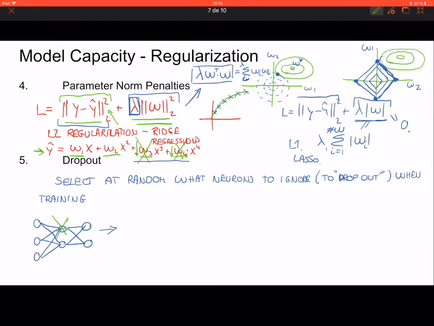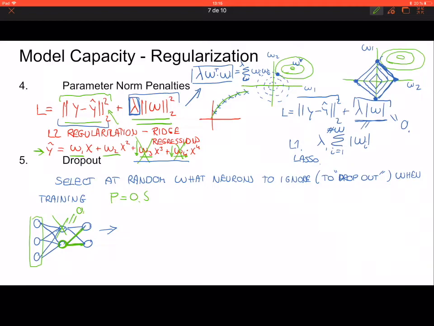This neuron is just ignored. So we make the output 0 on purpose. So we can only rely on this neuron now. So we do that for every layer. With a certain probability, which could be 0.5, we just drop out some of the neurons every time we do a new iteration, a new training step.